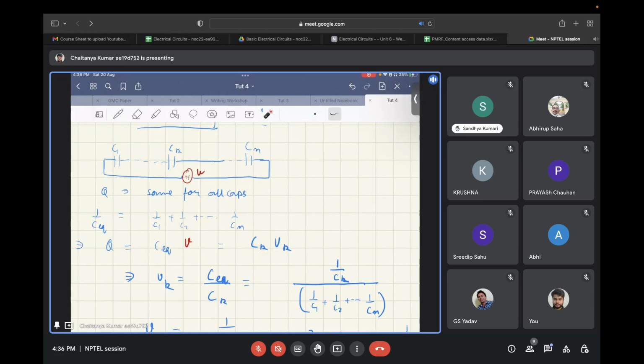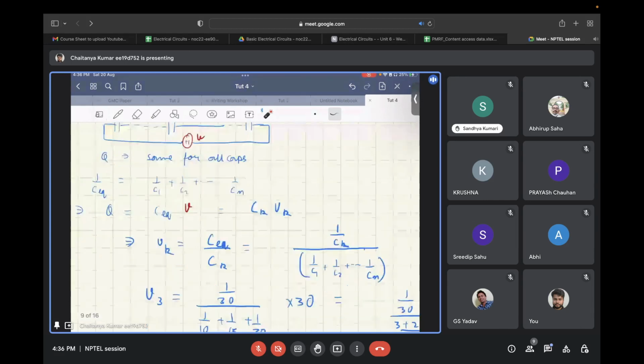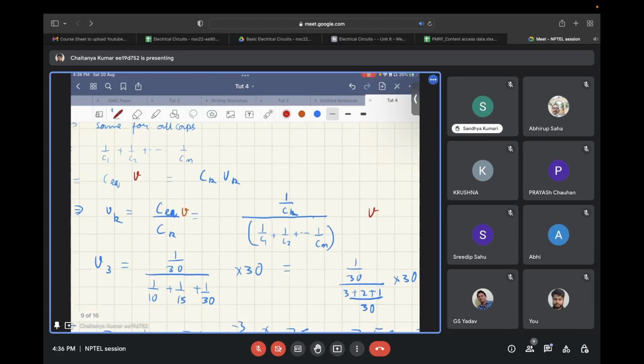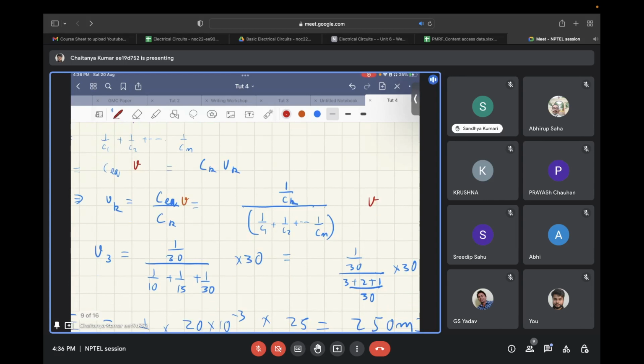So if you equate these two, from here you will get the voltage across the kth capacitor as V_k equal to C_eq by C_k times the total voltage applied across the capacitors. So that comes out to be 1 by C_k divided by the summation of the reciprocals of all the capacitances, times the total voltage that is applied. This is one of the formulas that you can remember for quick calculations.